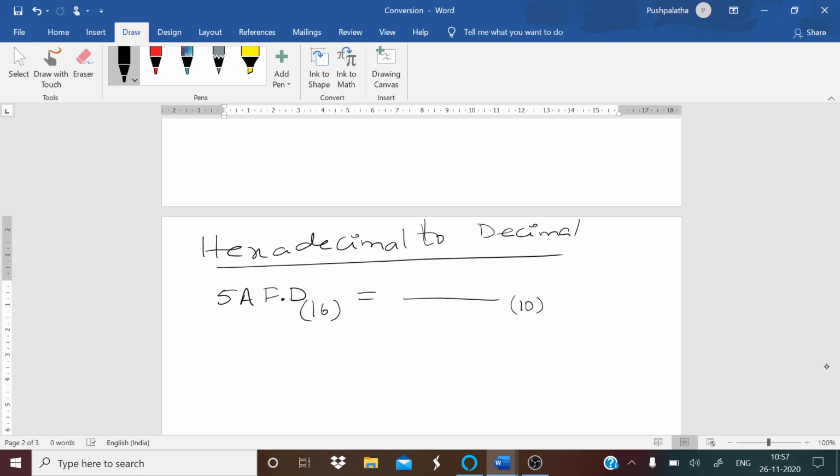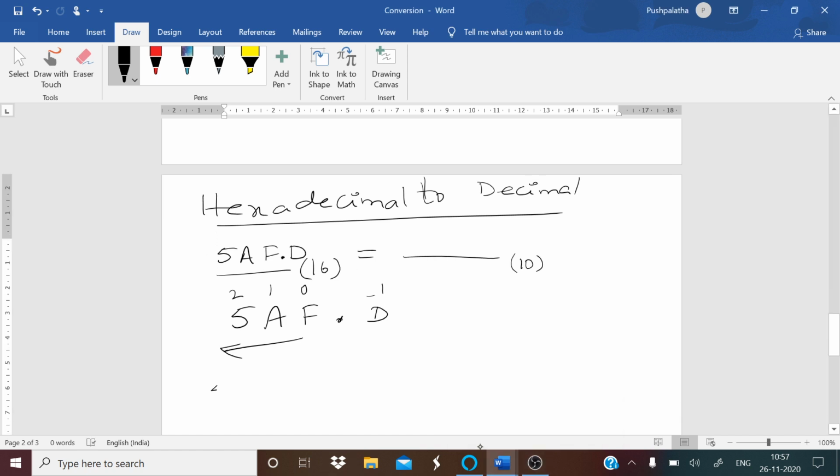So 10 is represented as A, B is 11, and so on till F, which represents 15 in hexadecimal. So you have 5AF.D. To the left of the decimal point you have positions 0, 1, 2, and to the right you have -1. This is to the base of 16.